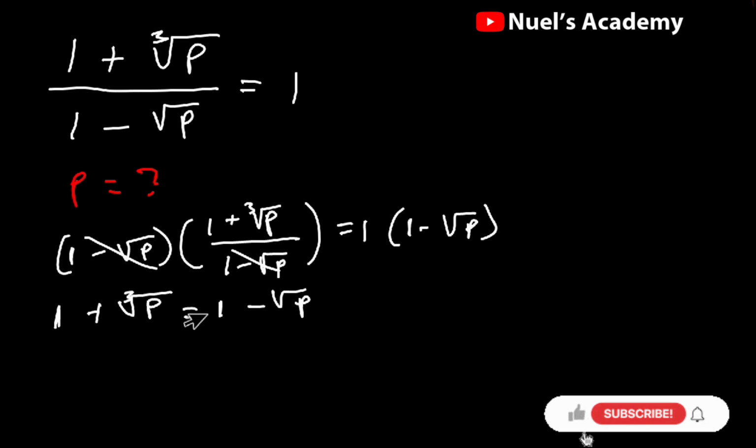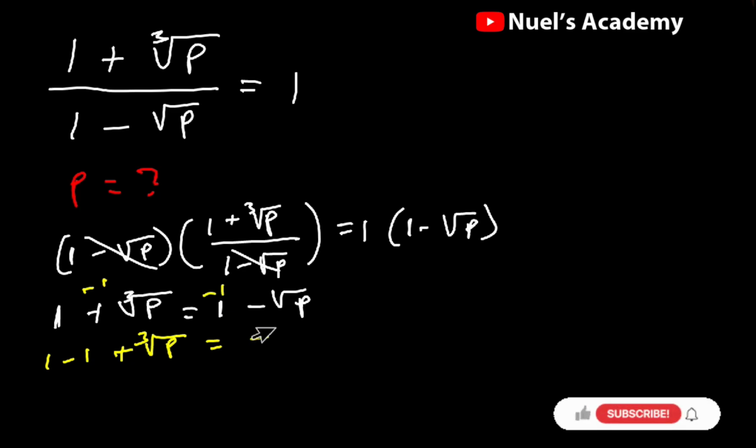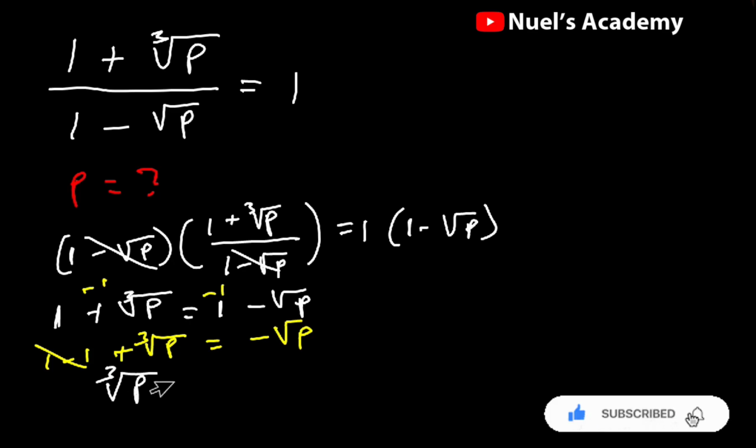Let's take this 1 to the left hand side by subtracting 1 from both sides. When we do that, we have 1 minus 1, then plus cube root of p, equal to 1 minus 1, which is 0, then negative root p. The 1 minus 1 cancels. So we have cube root of p is equal to negative root of p.